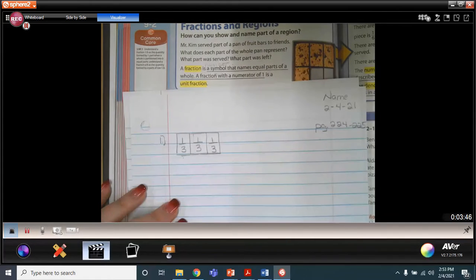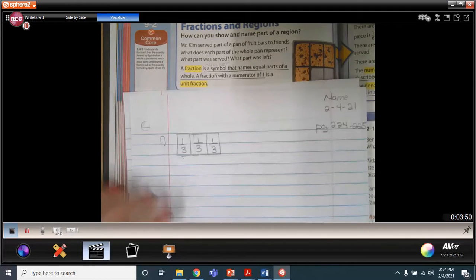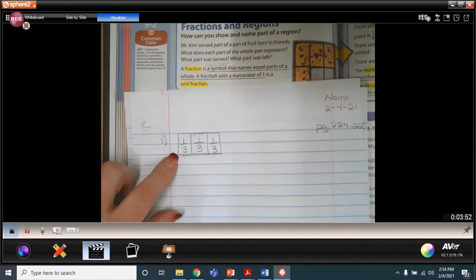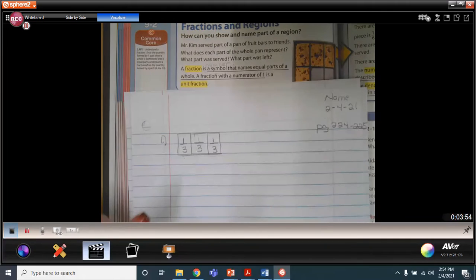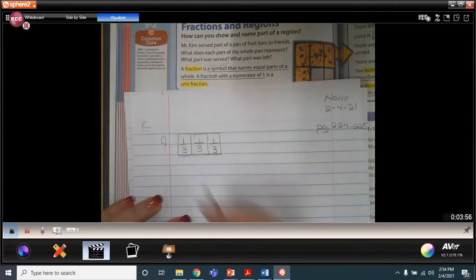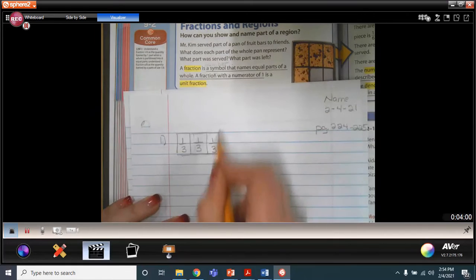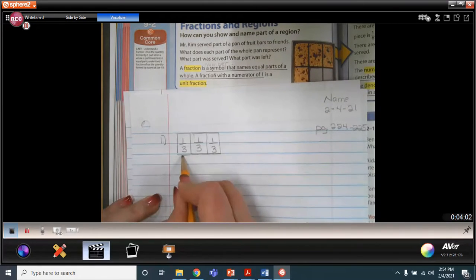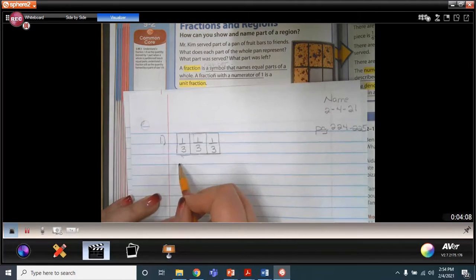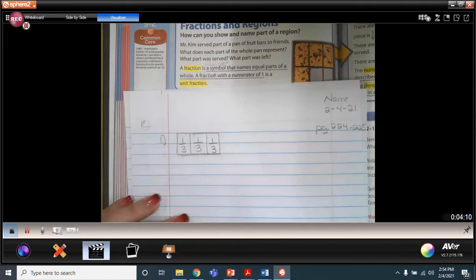So when you go to label each one of these, you are saying that it's one of the 3 pieces. So our denominator, we count the number of pieces in the whole. That's going to be our denominator for each one of those fractions. And then each piece is one of the 3 pieces. So that's how we would label that.